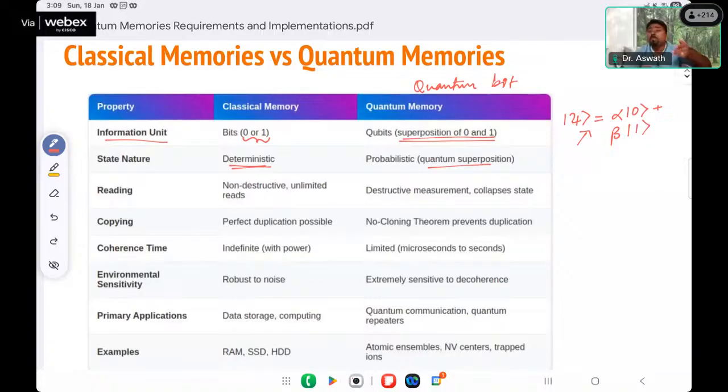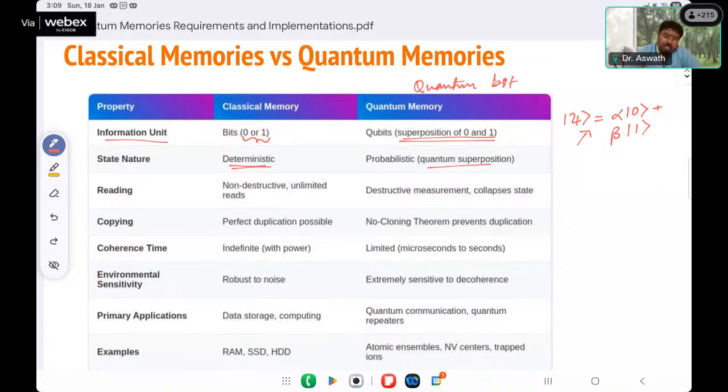It may keep flipping between 0 and 1 continuously. With what frequency and with what probability it is flipping is the means for me to store the information.